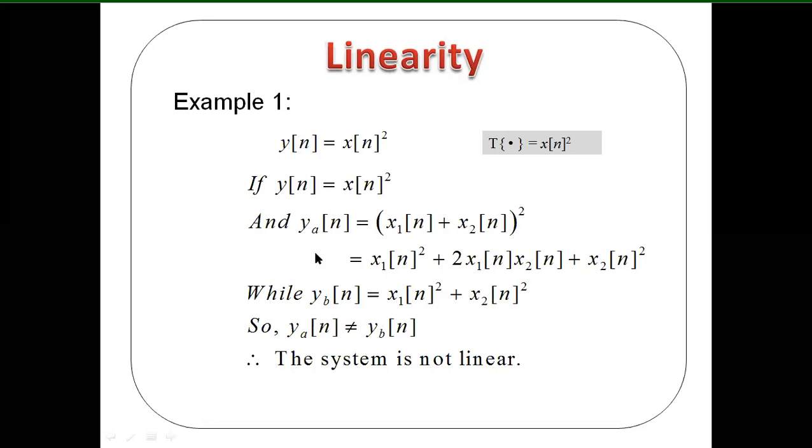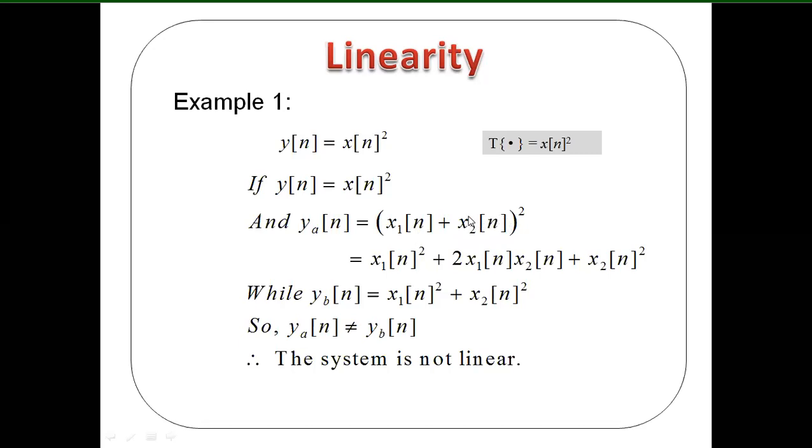We have two options. The first one is adding the signals together, and the sum of the signals becomes the input to the system, which is the first case here. So we add the signals together first, x1[n] plus x2[n], and only then we excite the system with this input.